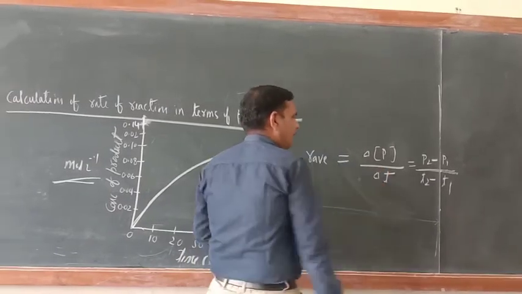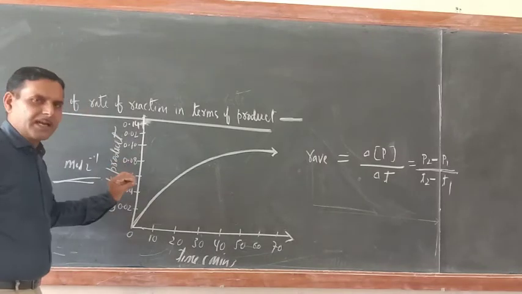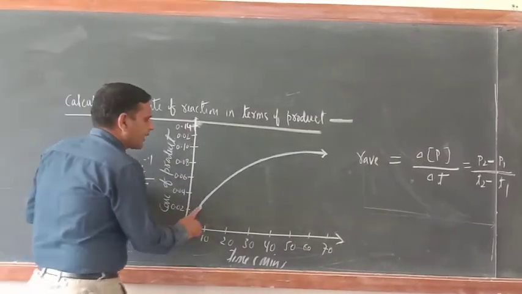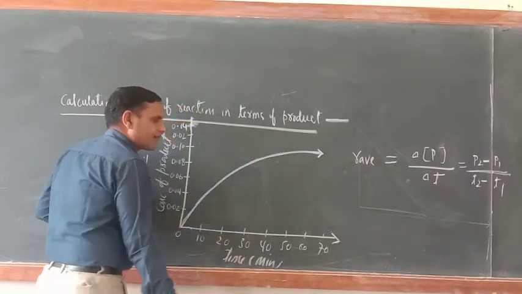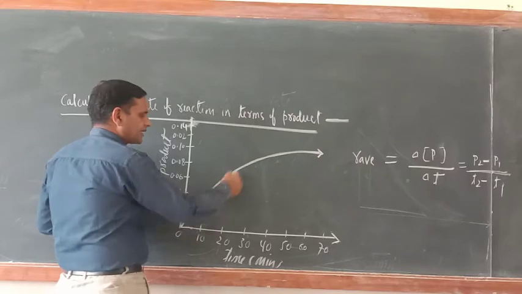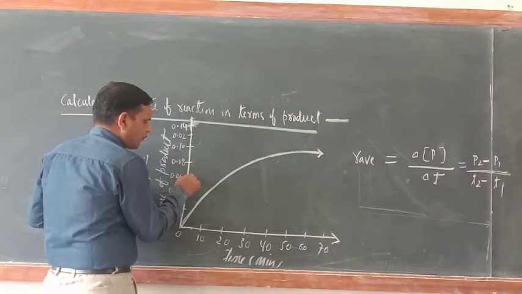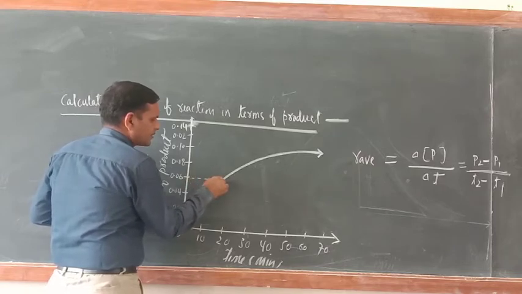Now try to understand. We have to select two concentrations here. We know that with the passage of time, the concentration of product is increasing. So suppose I have selected one point here, this one.